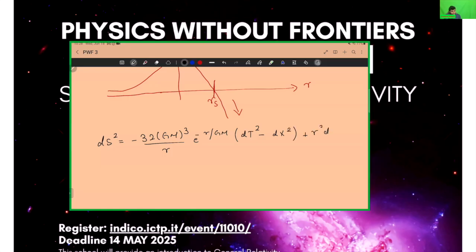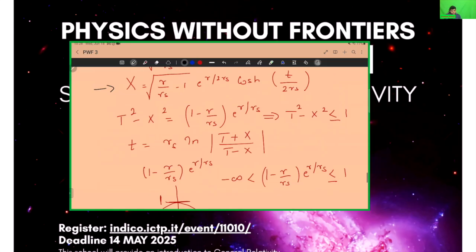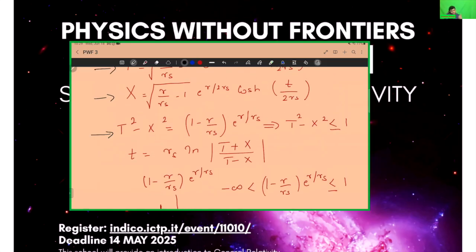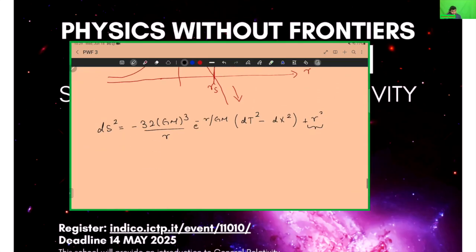Plus r squared. Now you can ask me the question, what is r doing here? I mean, didn't we change r to other coordinate systems? True, it's true. But the thing is that using this equation, you can solve for r, which you can using a particular function called the W function. I'm not going to go into that. You can write down r as a function of T and X. So when I write r here, I mean r squared as a function of T and X. And it's a complicated function.